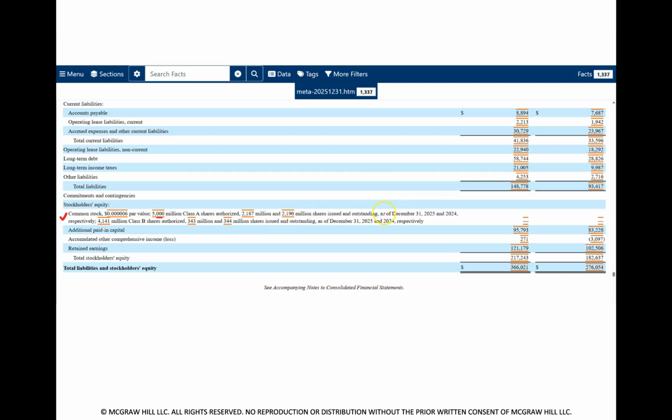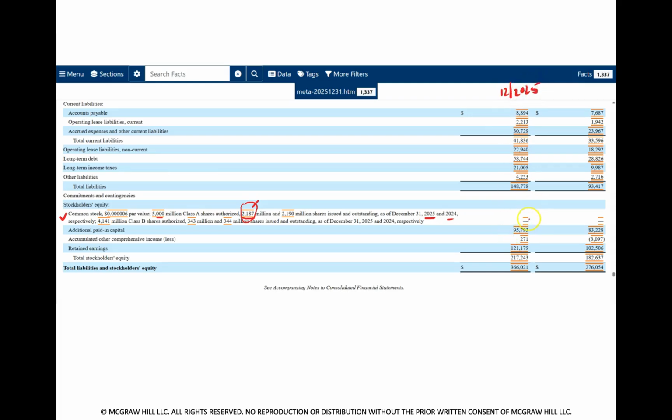This is talking about December 31, 2025 and 2024. In 2025, it had 2.187 billion shares issued and outstanding, meaning this is the number of shares out there in the open market. And look at the value for it on December 31, 2025.